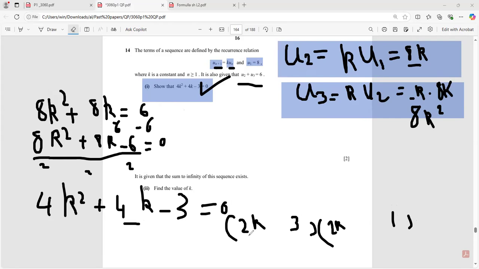So 2 times 1 is 2, and 3 times 2 is 6, so we need to cancel, 1 minus 1, so 6 minus 2 will be equal to 4. So k now has two solutions: k equal to negative 3 over 2, or k equal to half. Make sure he doesn't give you any condition other than that k is a constant and n is more than 1.